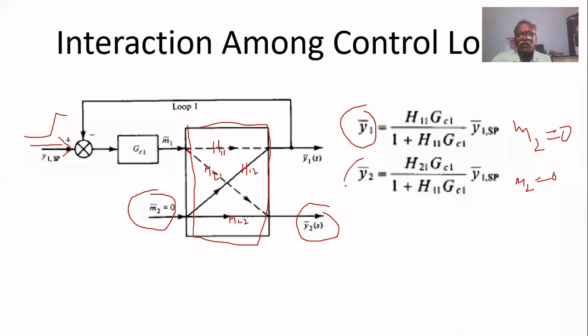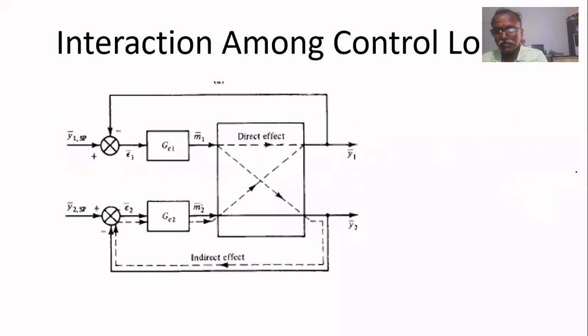That's why change in y2 equals h21. The forward path transfer function is h21 GC1. But what is the feedback for this controller? Again the same, 1 plus h11 GC1. The denominator is the same, but the numerator is changed. So we got y1, y2, keeping m2 equal to 0.